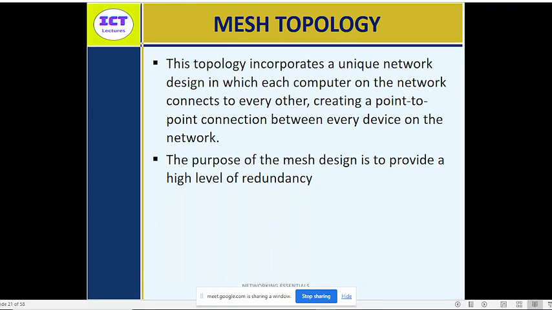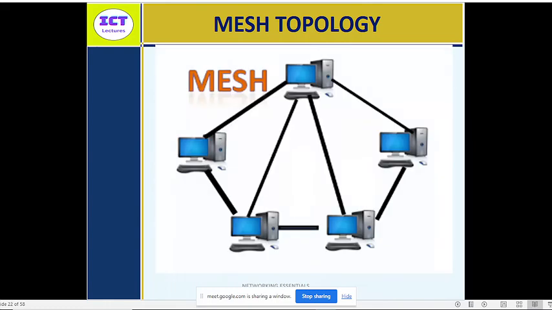So that if one computer fails, there are other routes that the computers can use. Ideally, it enhances redundancy, right? So we can always use different routes, so we can't really have issues. But ideally, this kind of topology uses a lot of connection points, so that makes it very, very expensive.